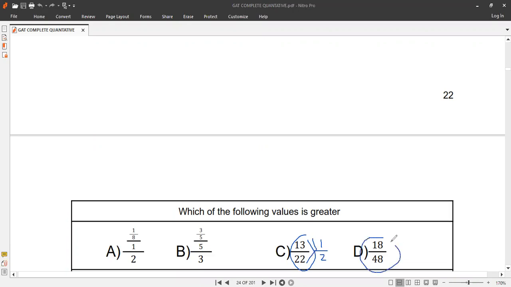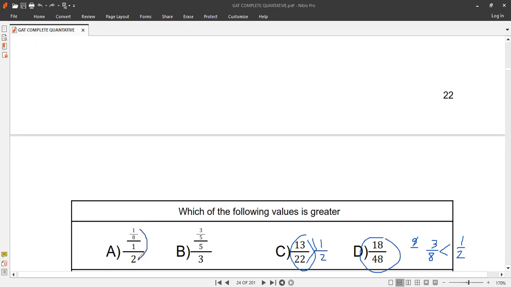This one, I simplify it. 18 over 48. If you simplify by 2, it becomes 9 over 24. Or we can simplify by 6, it becomes 3 over 8. This is less than half. So till now, C is greater than D. Now here I have 1 over 8 over 2, 1 over 2.